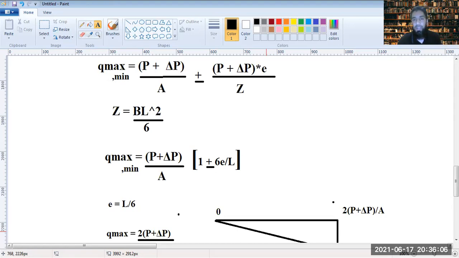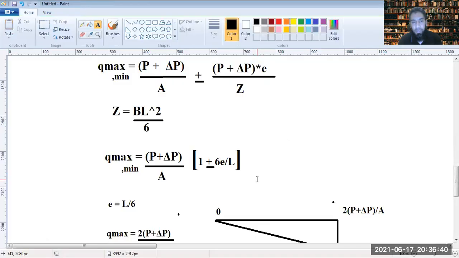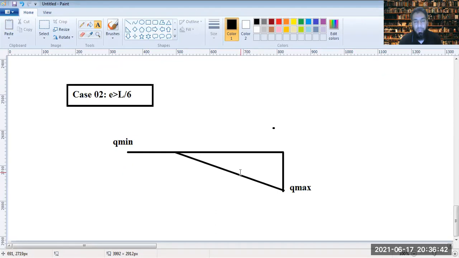Thereby, since soil has almost zero tensile capacity, there is no point in saying that this portion is coming into tension.